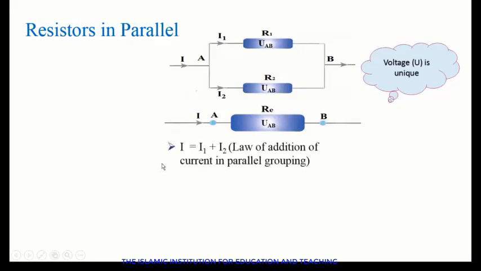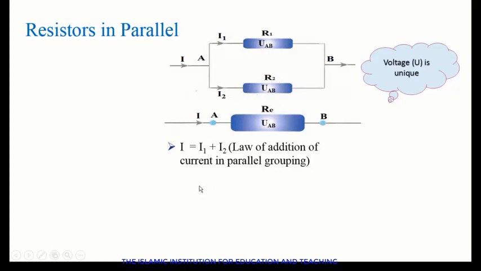If we use the law of addition of current in parallel grouping, we will get I equals I1 plus I2, where I is the main current, I1 is the current carried by R1, and I2 is the current carried by R2.